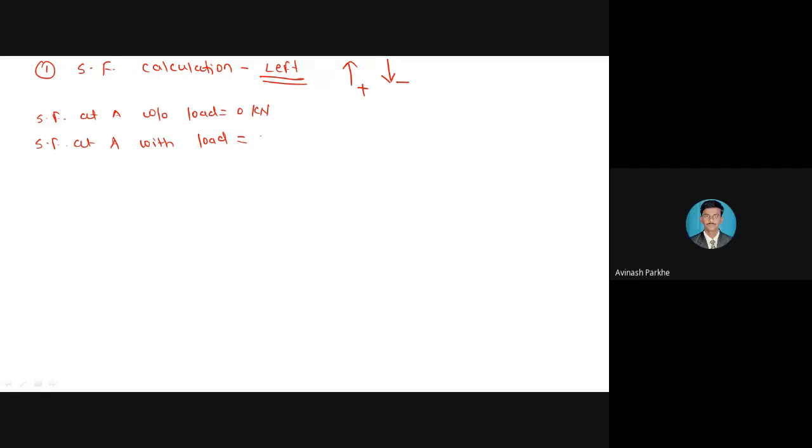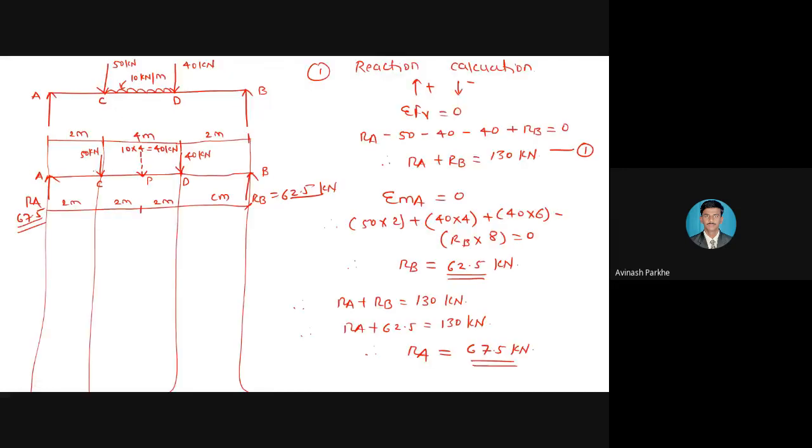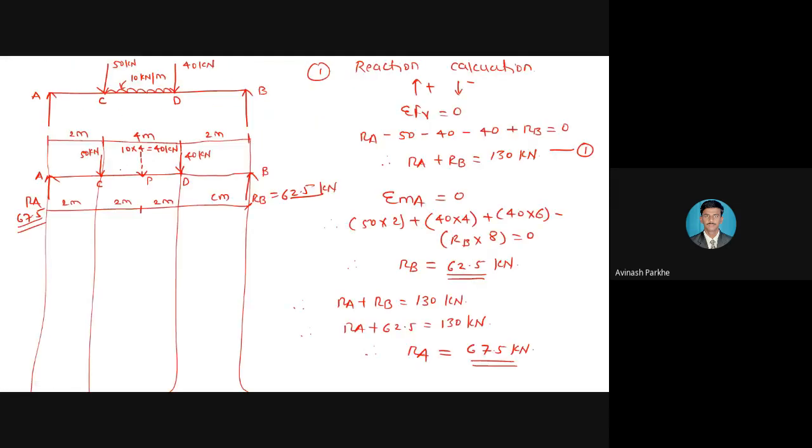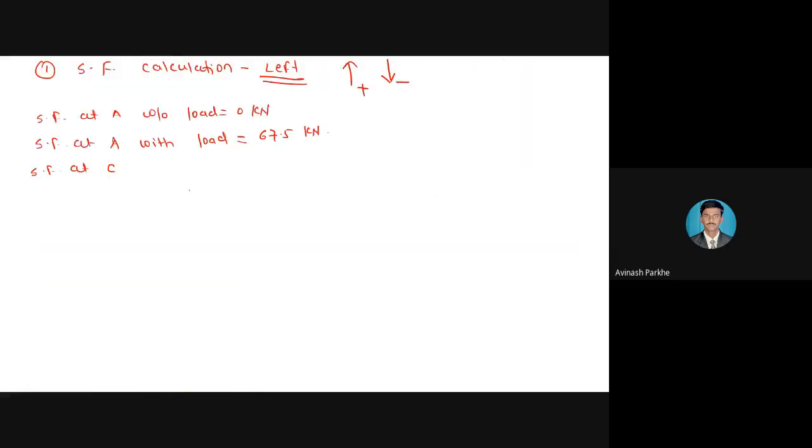67.5. Yes, 67.5 kilonewton. Then next point, as in the original loading diagram, point C is there. Shear force at point C. You can check, a point load is present, a 50 kilonewton point load is there. Therefore, again we have to take without load and with load. Without load, what is the magnitude? Shear force at point C without load.